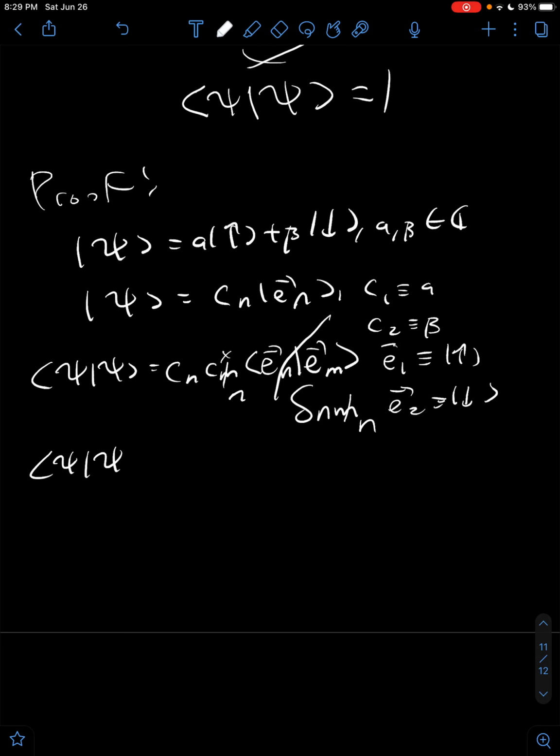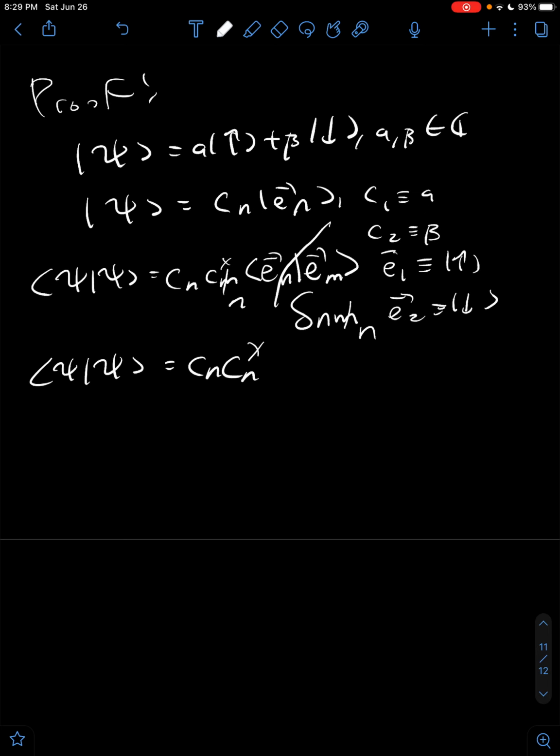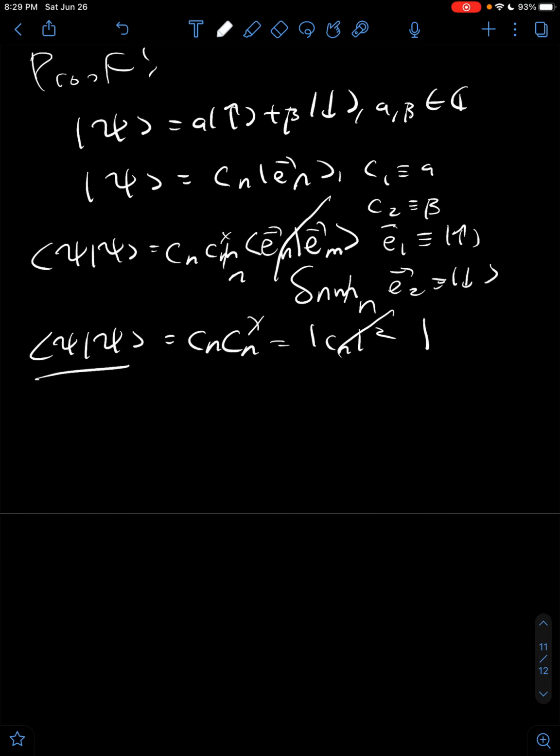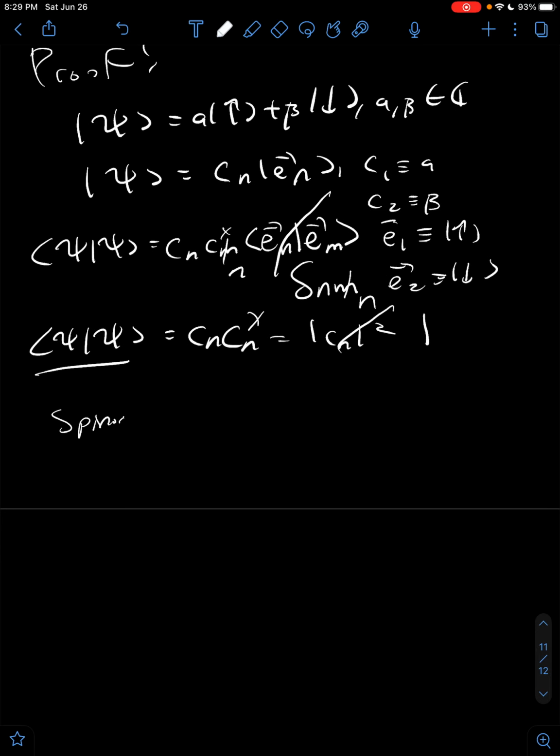So you have the spinor dotted with itself equals Cn dotted with Cn star. There should actually be a star here, which just equals Cn squared. And so since Cn squared must always be 1, then the dot product of the spinor with itself must always be 1. So spinors are unit vectors. They must always be normalized.